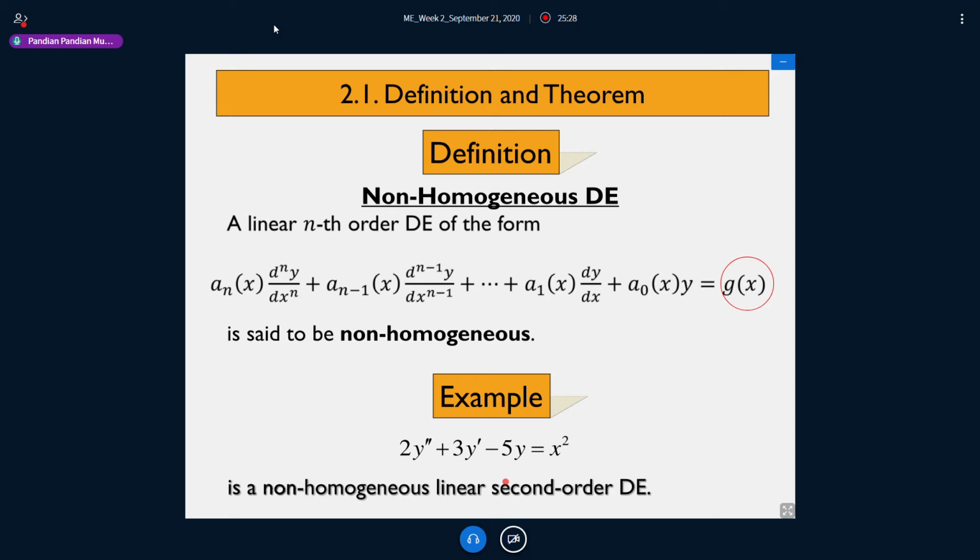This is second order. So we are just identifying, or familiarizing ourselves with, the types of differential equation. We are now very much concerned with two types, homogeneous and non-homogeneous.